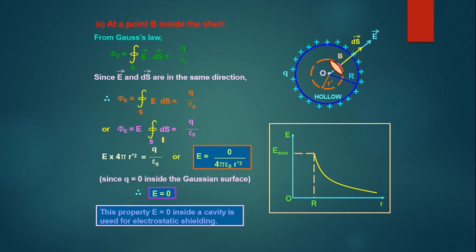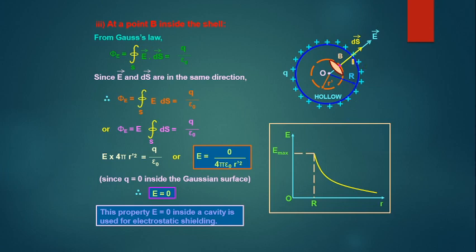Here the charge enclosed inside the Gaussian surface is Q equal to 0, since no charge is inside the spherical shell. So Q is equal to 0, and the electric field is 0 inside the shell.